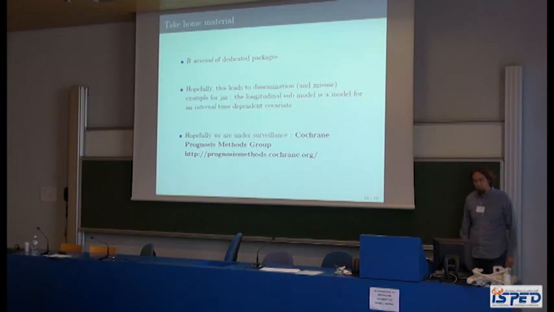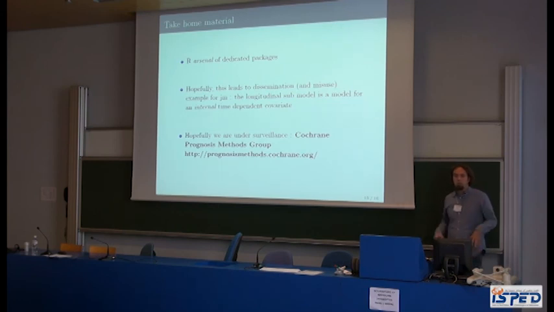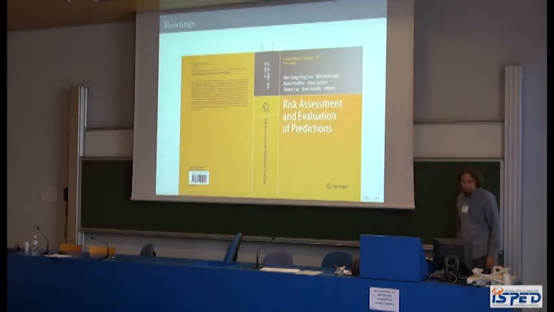There's a Cochrane prognosis methods group, which might also be under surveillance, maybe a large group under surveillance for the Cochrane group. But there is a very nice source of publications and information on this website. And there's also a book coming about risk assessment and the evaluation of prediction.